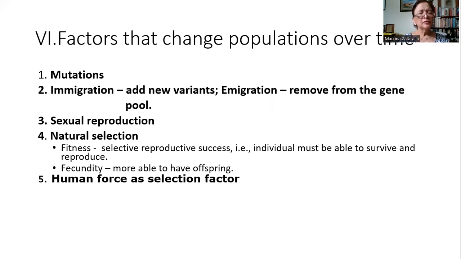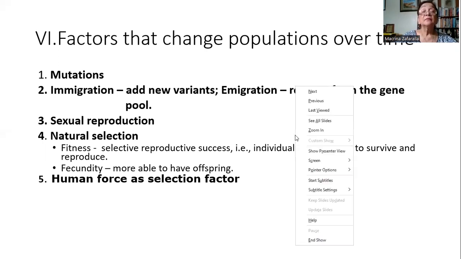Another factor is natural selection. Natural selection, you see, favors individuals with a high fitness. That is, they should be able to survive and reproduce. Natural selection also favors fecundity. In other words, it favors individuals with a great ability to bear offspring. Then another factor to change populations over time would be the human force as a selection factor.